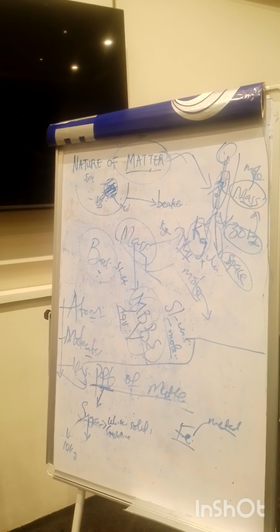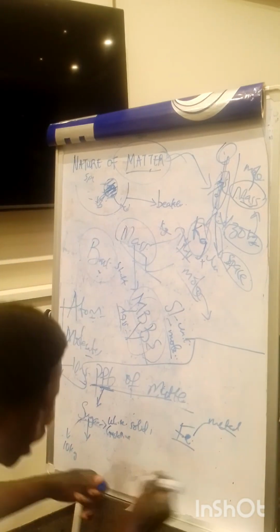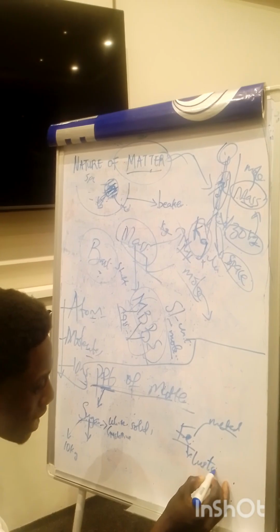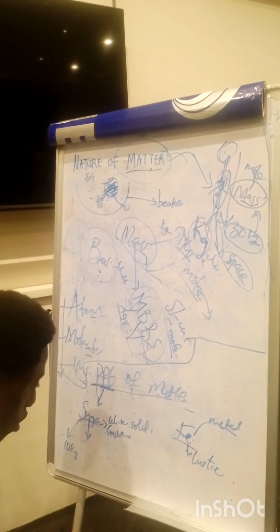So under iron, we say that iron has metallic luster, meaning that it's shining, and its surface reflects light. Are you with me?